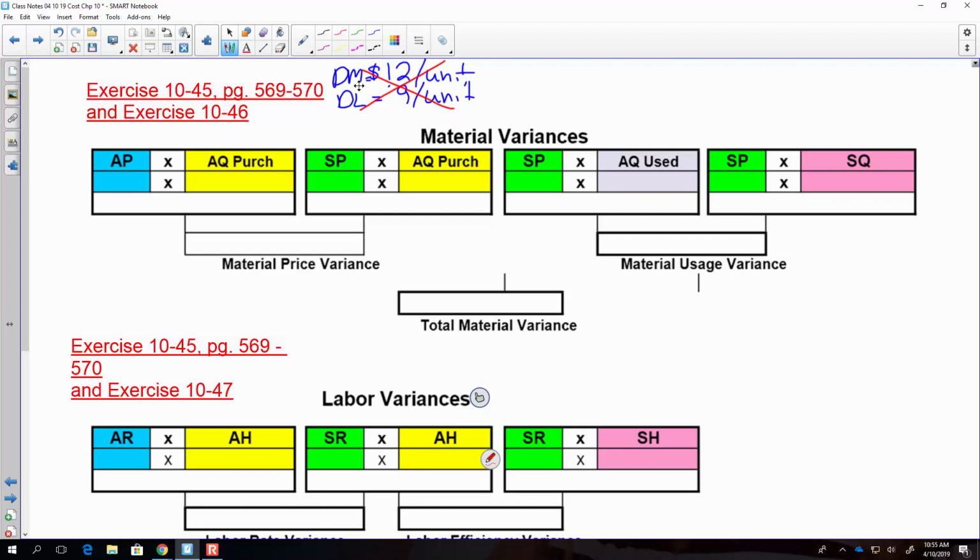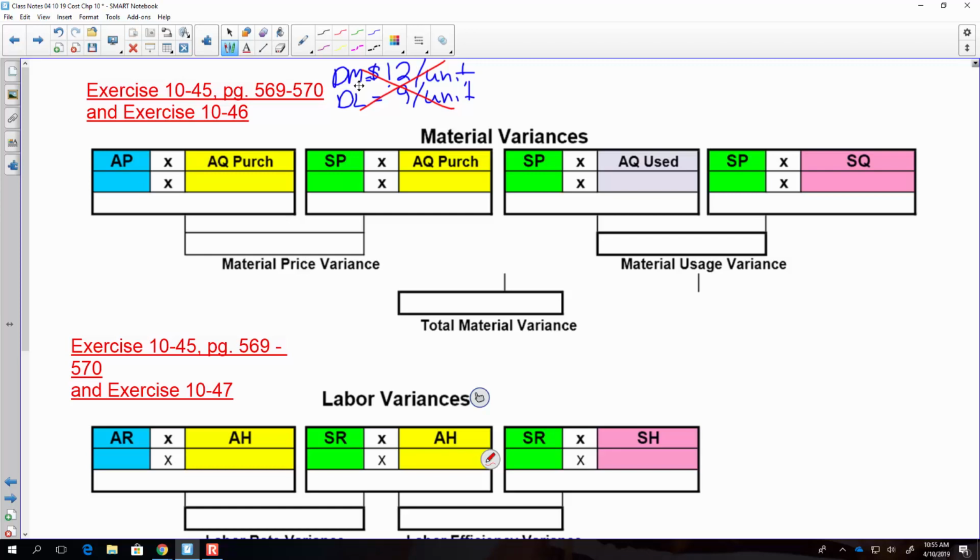How long does it take to make one belt? 3/4 of an hour. And we set a standard of $4 for each strip. And we have set the standard that our labor is normally paid at $12 an hour. So those are the standard rates.